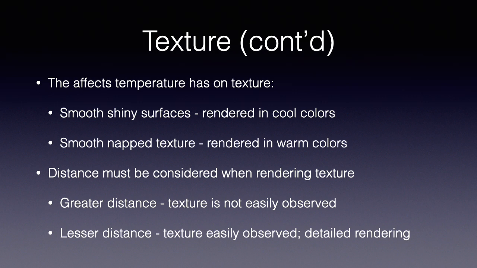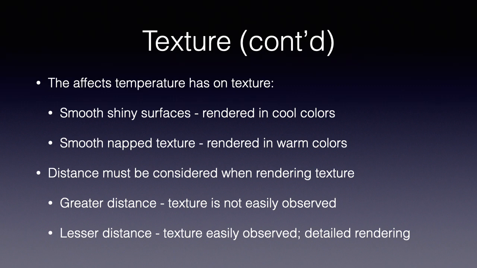Now, when you have a smooth surface with innate texture, such as velvet or the teddy bear coats, those have warmer colors when they're rendered, right? So you'll see the differences between cool colors versus warm colors and how they're used in rendering texture on smooth surfaces that are shiny versus smooth surfaces that have innate texture.